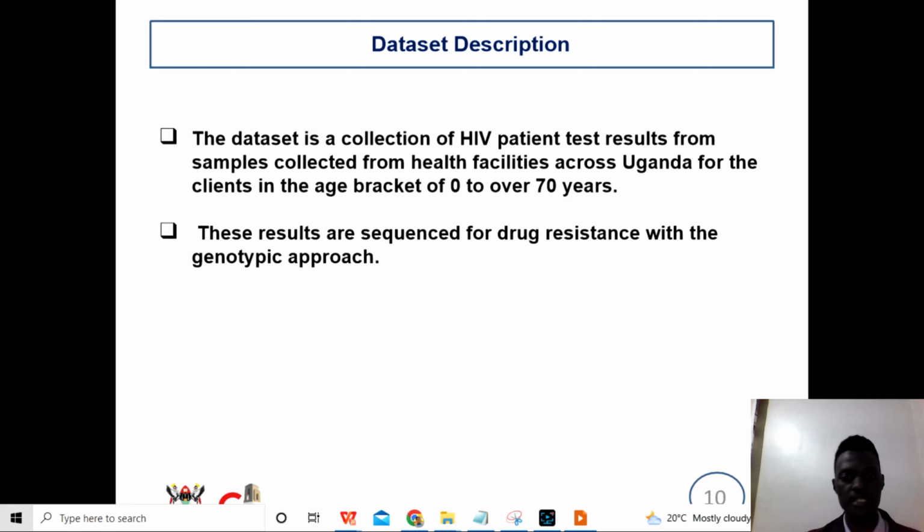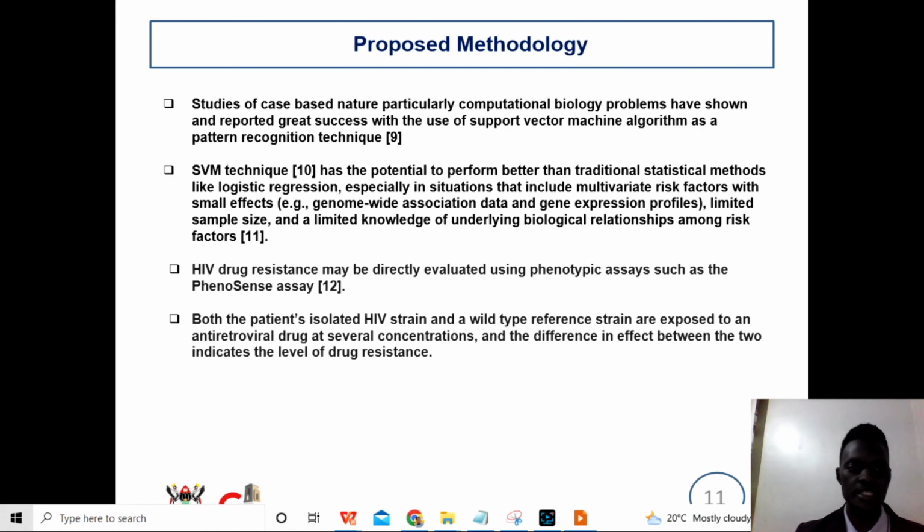The results are sequenced for drug resistance with the genotypic approach. We expect to have great success by using the support vector machine algorithm as our pattern recognition technique.